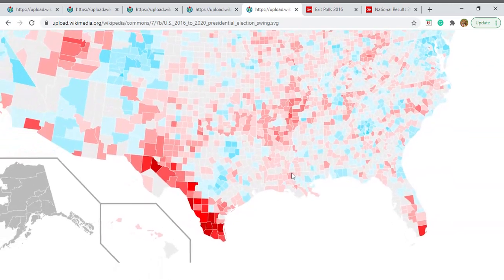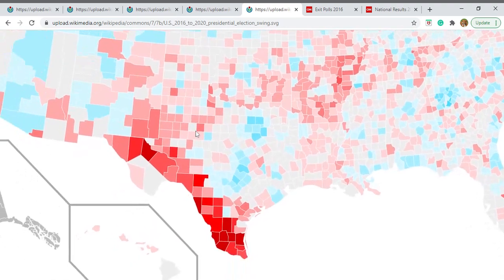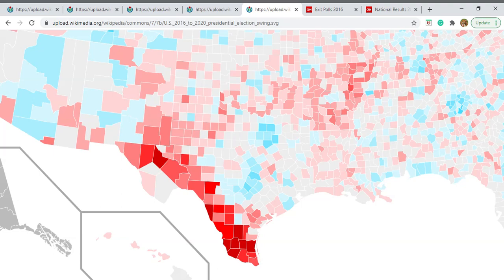How much did Donald Trump win over Hillary Clinton in Texas by in 2016? 9 points. And how much was it in 2020? It was 5 points. So Texas has been moving to the left rapidly over the past few elections. So this is how the state trended from 2016 to 2020.